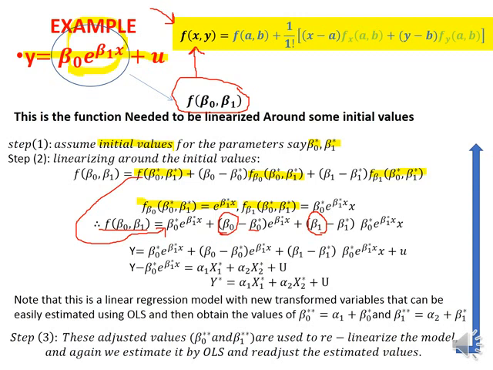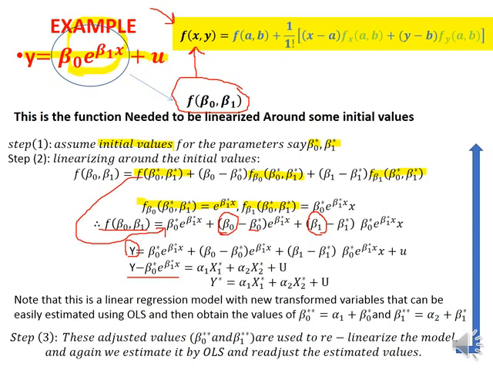We can make some simplification, saying that y equals this f(β0, β1) plus the error term, substituting this function.